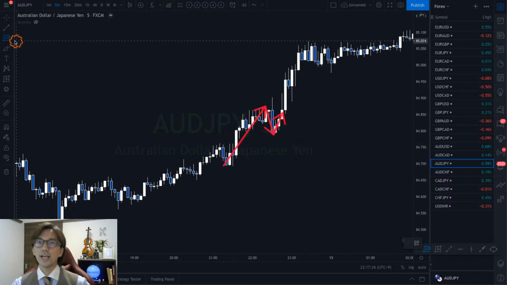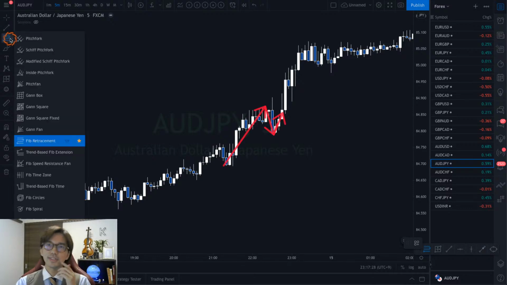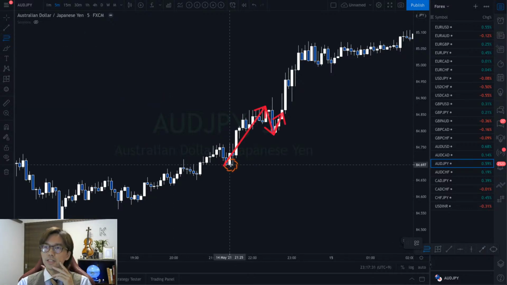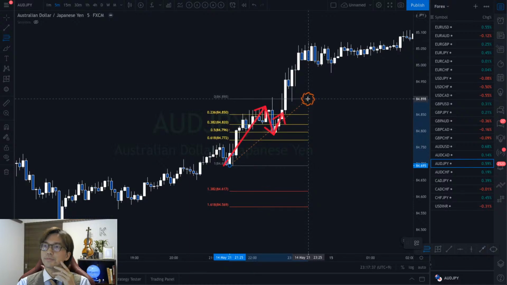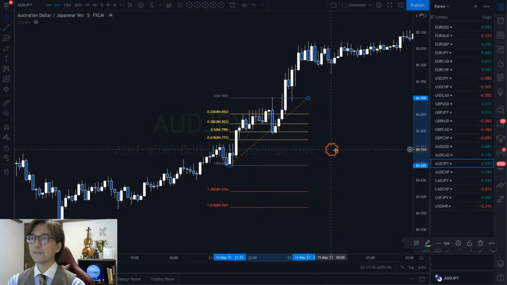And I use the Fibonacci bounce to see if this is at one of the levels. I drag it from the low to the high on this uptrend, and I found this to be exactly at the 50% level.